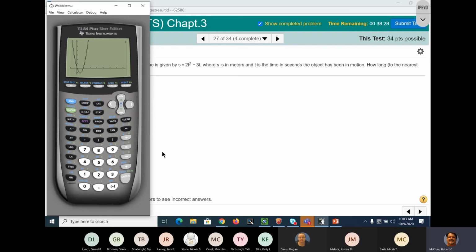Zoom fit. Okay, there it is. Now I'm going to zoom out a little bit so you can see it.